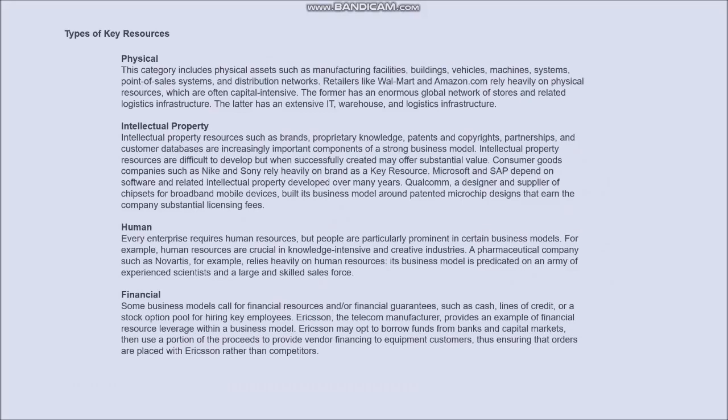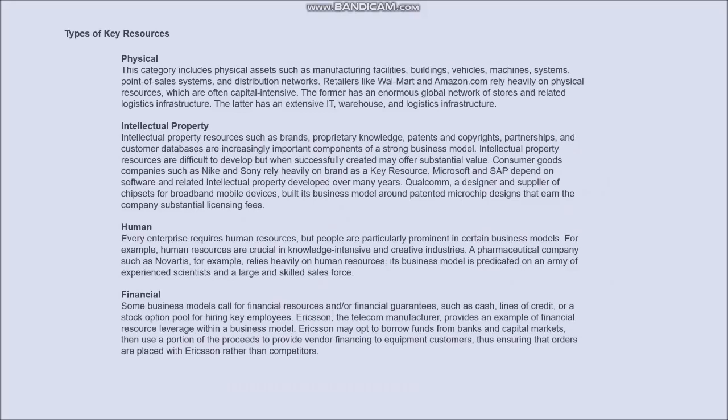Consumer goods companies such as Nike and Sony rely heavily on brands as a key resource. Microsoft and SAP depend on software and related intellectual property developed over many years. Qualcomm, designer and supplier of chipsets for broadband mobile devices, built its business model around patented microchip design that earned the company substantial licensing fees.